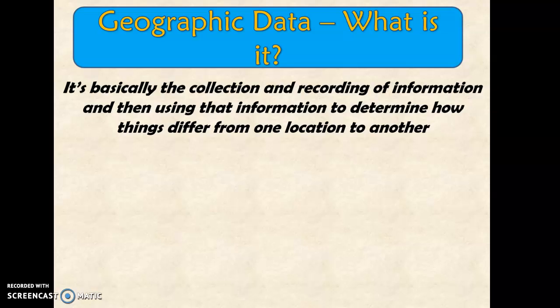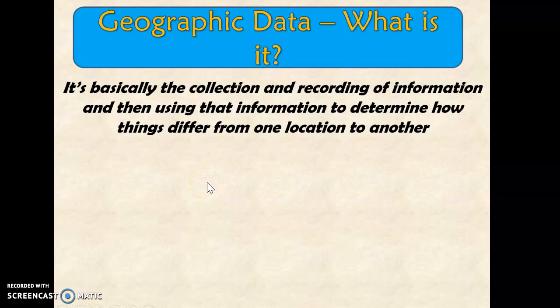So what kind of things do we need to collect and record to show how we're different? Remember in class we talked about what we could record that would show a difference between Stockton and Sacramento as two different cities. We said population. We said a lot of different things in class.